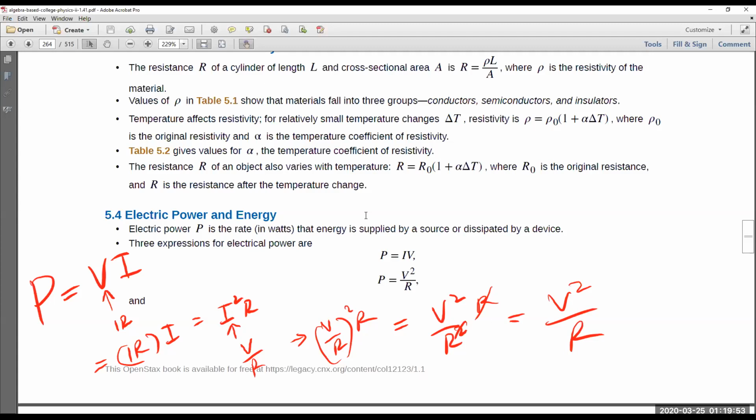Okay? So we could say that P equals V times I equals I squared times R equals V squared over R. All these three equations are equivalent. So it depends on what is given.